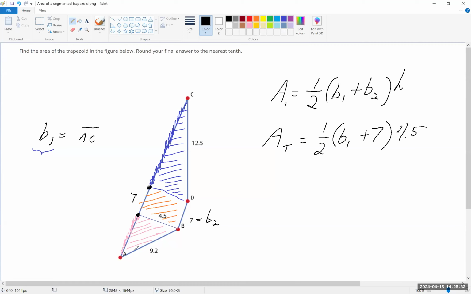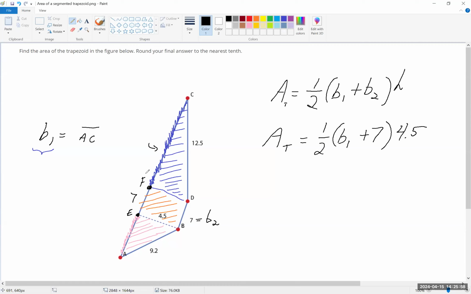So let's go ahead and try to figure out what this length here is, which I suppose we can name. If we've got A, B, C, D, let's call this E and F just to help us a little bit.